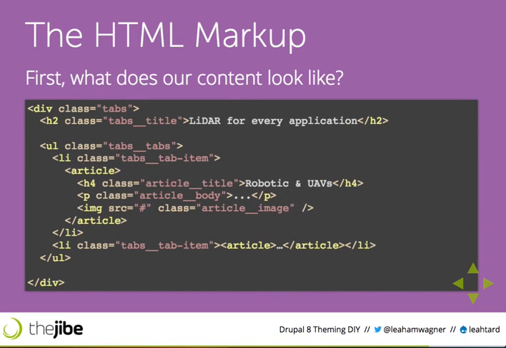So back to the markup. In my utopian markup kingdom, this is what I was looking for. Very, very similar to what we saw for the slideshow. But you will see that we are putting a lot more content within our tabs versus a simple iframe video. We're now loading in a title, a body, and an image.